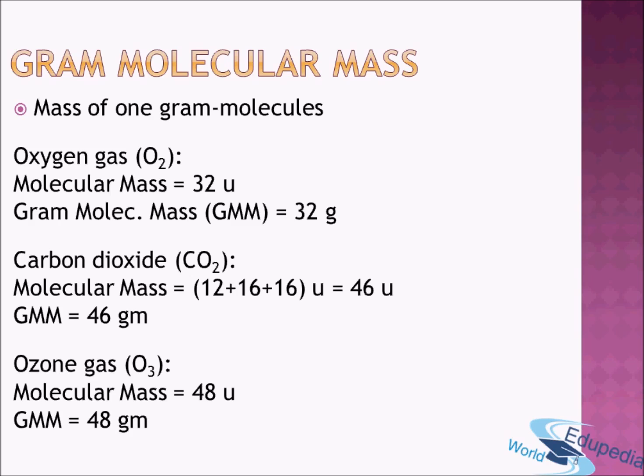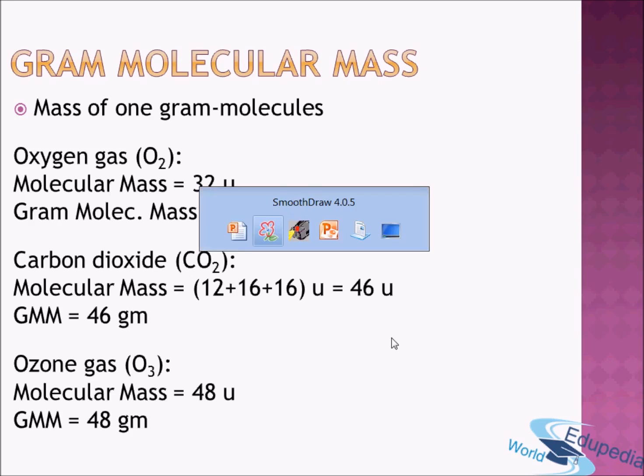But at many places, to make that clearer, they write the unit as gram per mole. For example, for an oxygen atom, gram atomic mass of oxygen is 16 gram per mole. Why? Just to be clear that you are actually talking about 1 mole of atoms.